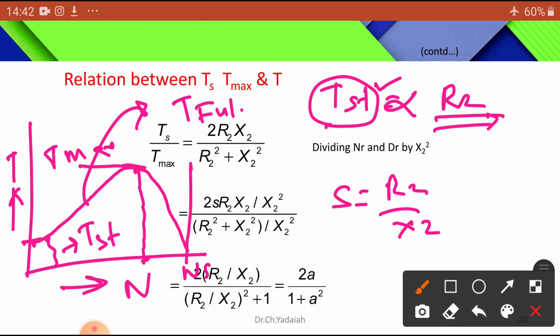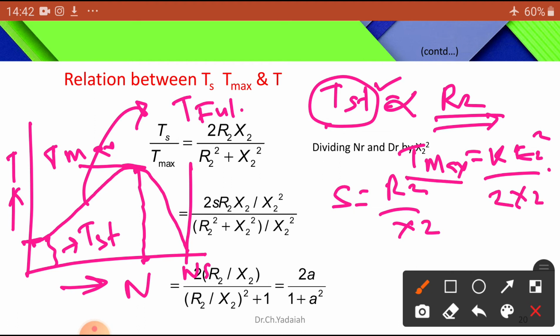Whereas the maximum torque does not depend on R2: it is K into E2 whole square by 2 X2, and there is no R2 term here. So maximum torque is independent of R2, but starting torque is dependent on R2. We will see another analysis with graphs in the next class. Okay, dear students.